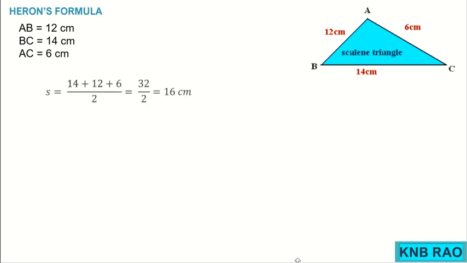First I will find the semi-perimeter, that is 14 plus 12 plus 6, 32 upon 2 gives 16 centimeter, which is the semi-perimeter.